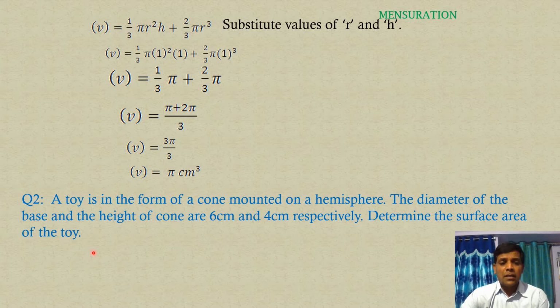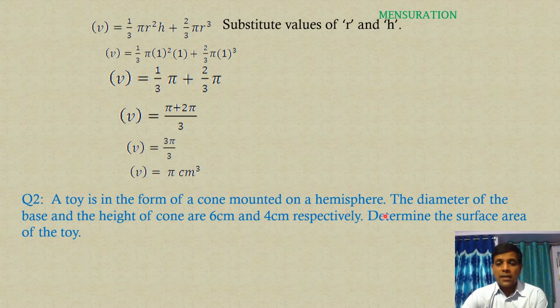The first problem was a volume based question. Second problem, surface area. So what is the combination of solids here? Combination of cone and hemisphere.